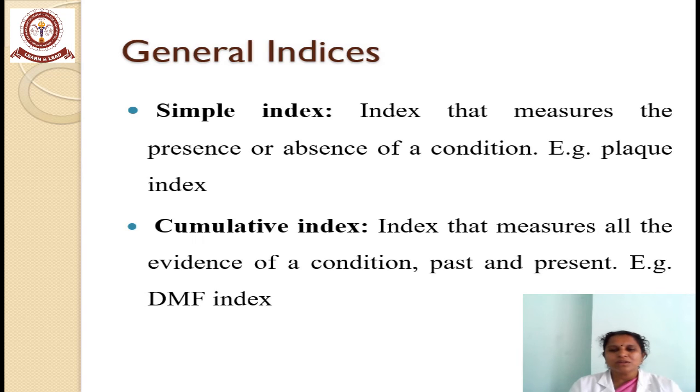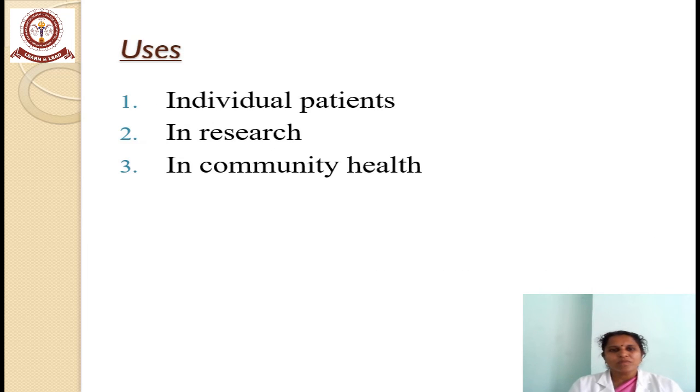Cumulative index measures both the past as well as the present condition. That is, whether disease has happened in the past, as well as whether disease is present or absent in the present situation. That is called cumulative index.